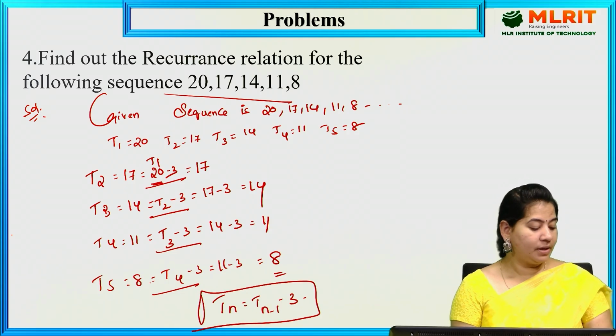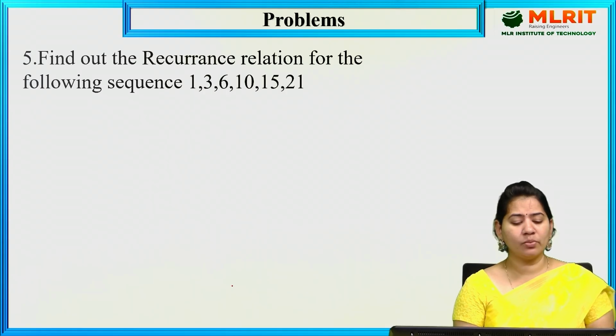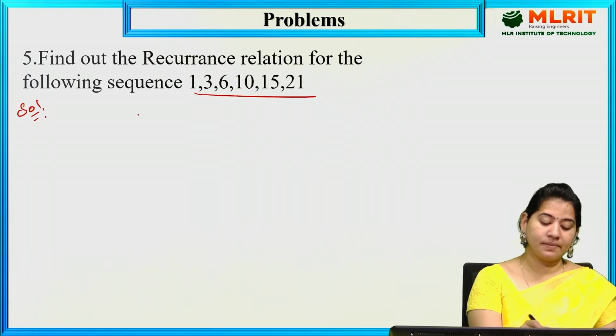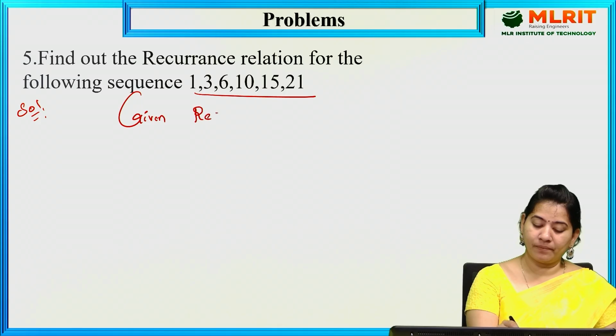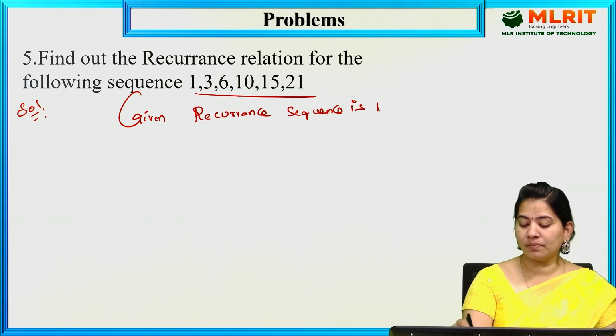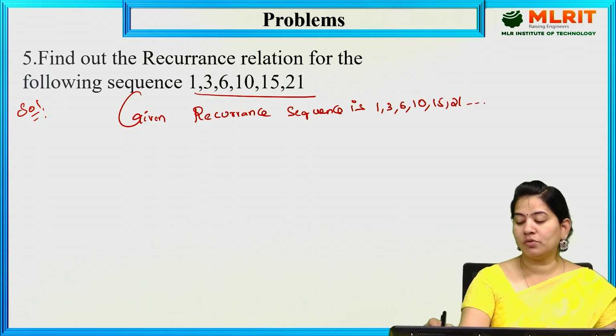So now go for the next one. Find out the recurrence relation for the following sequence. So the given sequence is 1, 3, 6, 10, 15, 21, and so on.